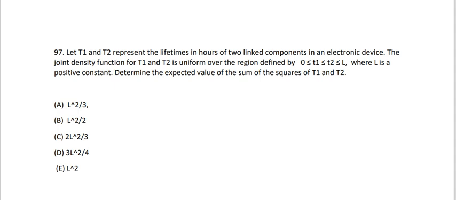Okay, the next problem: we have two variables, T1 and T2. What is the joint density function? The joint density function for them is uniform over the region defined here. So we need to find this region.